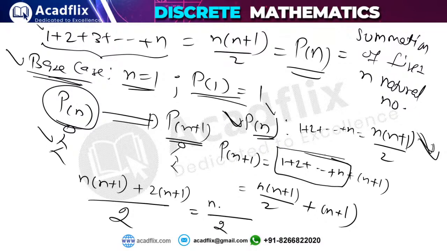You can take n plus 1 common, and what you will get is n plus 2. So you will get (n plus 1)(n plus 2) divided by 2. This is what you wanted to get, because you wanted the summation of the first n plus 1 natural numbers to be (n plus 1)(n plus 2) divided by 2. Finally you got it. So you can say that this formula is correct.